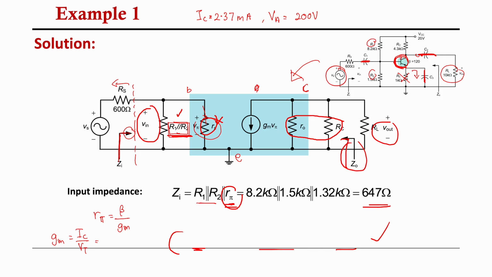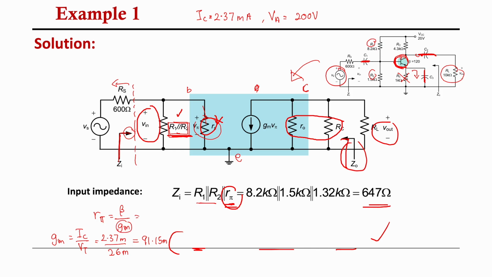IC is given as 2.37, and VT is always constant at 26 milli. If you divide these together, you will get 91.15 milli. So from here we know the value of GM.